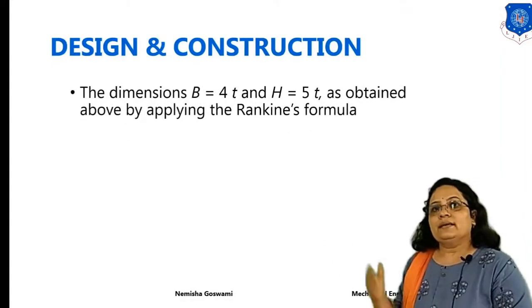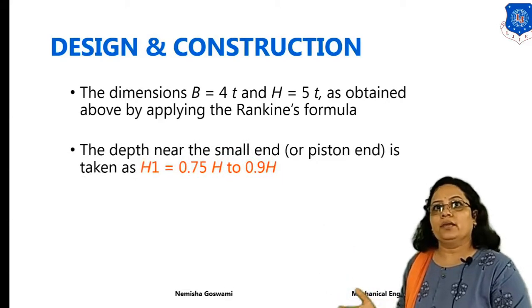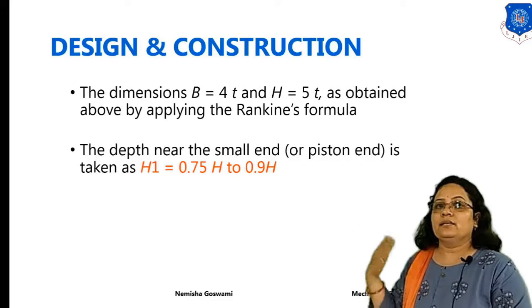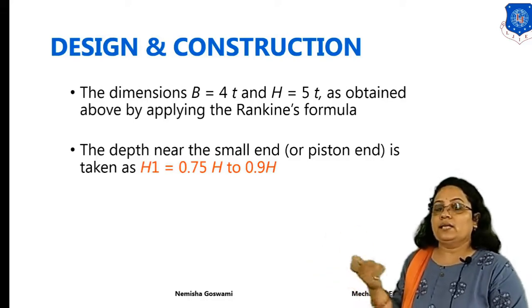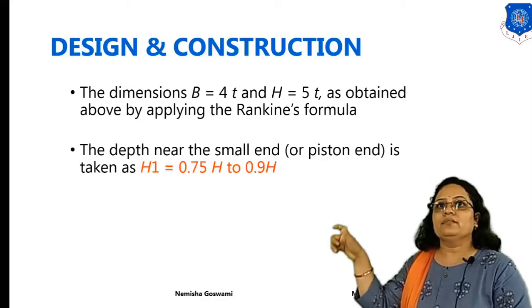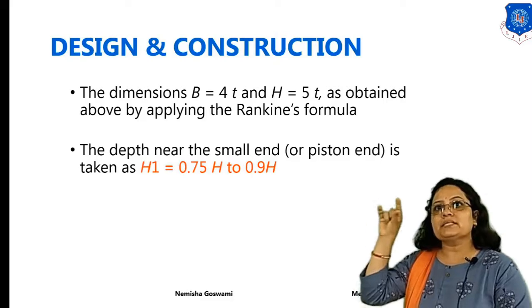By considering the dimensions, B is equal to 4t and H is equal to 5t. We will apply all these dimensions in the Rankine formula. And H1, what is H1? This is the depth near the small end, or you can say the piston end side.